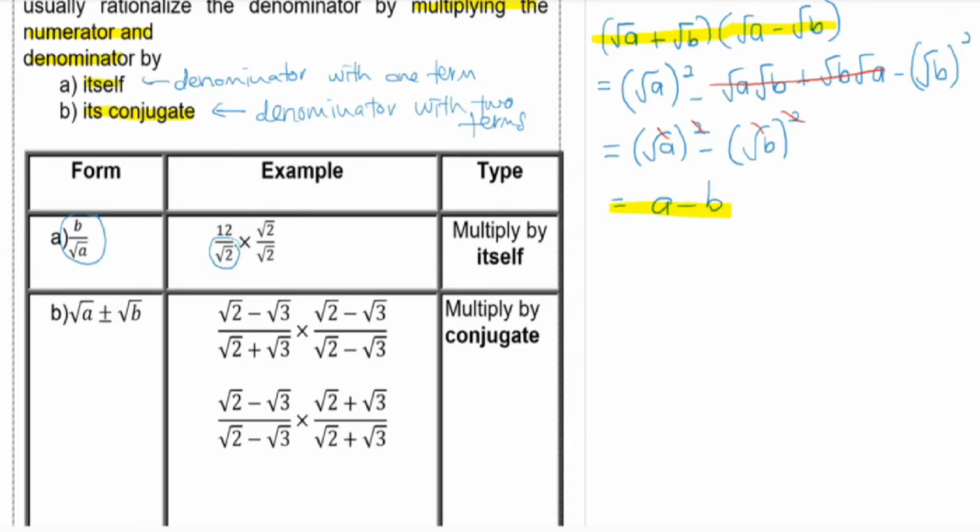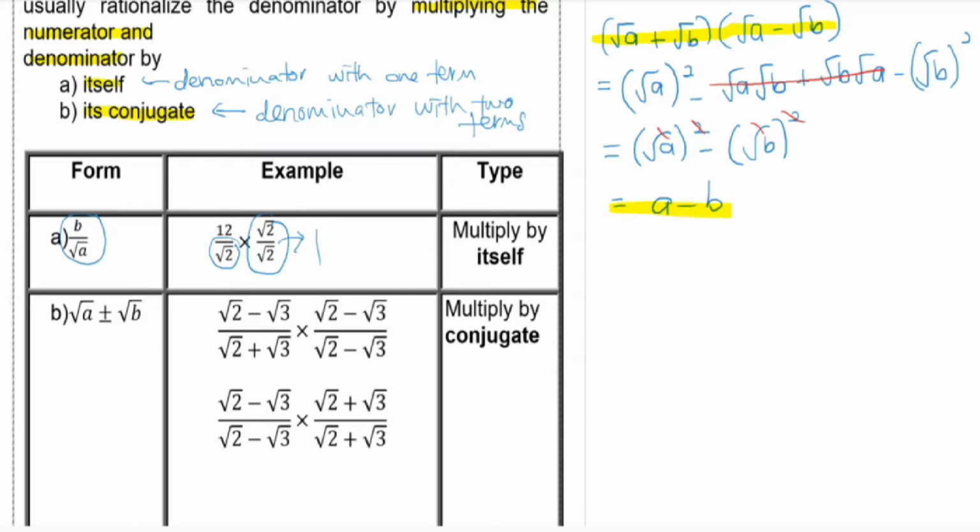So, what we need to do to rationalize the denominator is to multiply both numerator and denominator by √2 over √2. Notice here we don't change the value of the fraction because √2 over √2 equals 1.